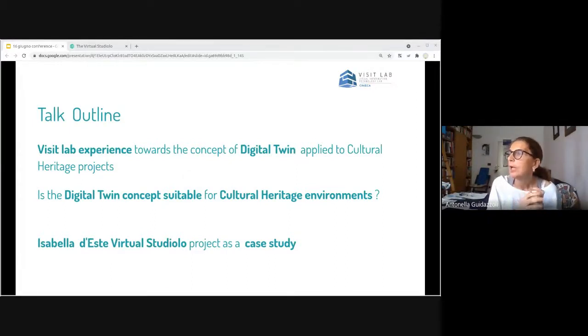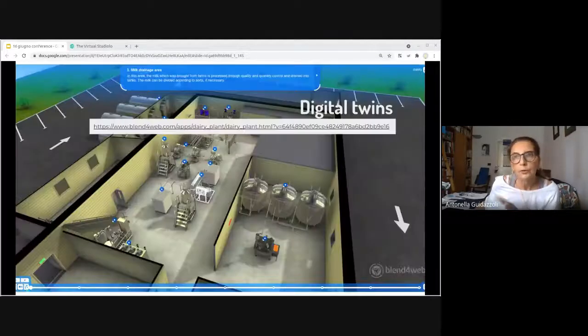Okay, I skip to what I would like to share with you. The idea is to give you an idea of how we are working on this concept of digital twin applied to cultural heritage projects, just to share some thoughts about it, and maybe to show you something about the Virtual Isabella d'Este Virtual Studiolo that we think is a very useful use case in this context.